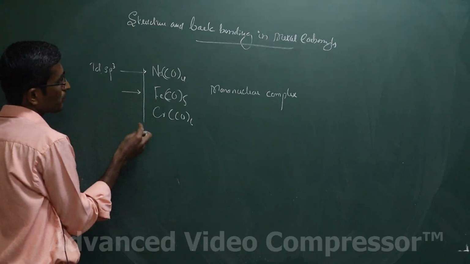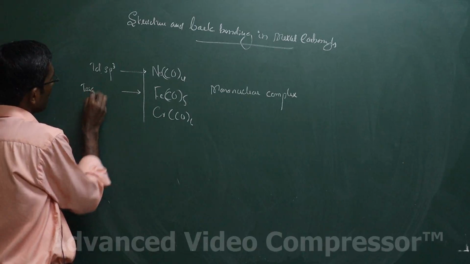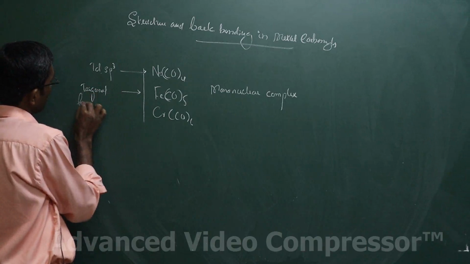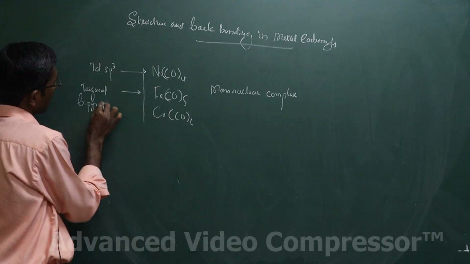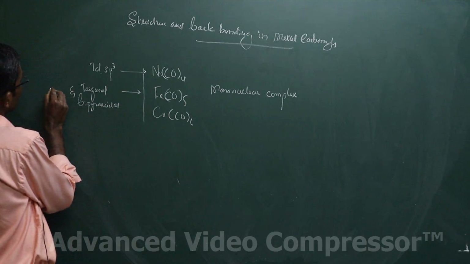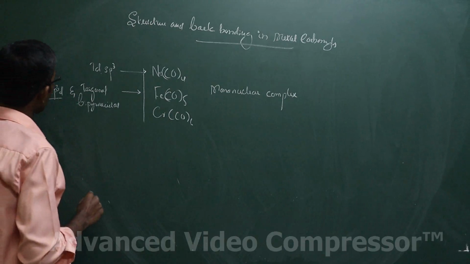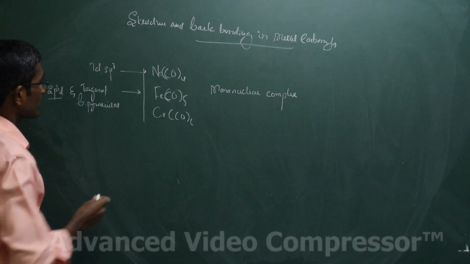If there are 5 carbonyl ligands, then it is trigonal bipyramidal and dsp3 hybridization.